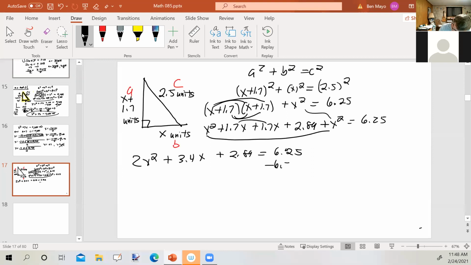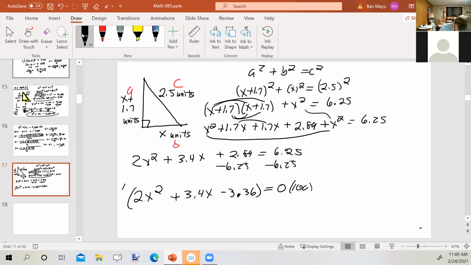I'm going to subtract 6.25 from both sides of the equation. 2x squared plus 3.4x, and then I'm going to take 2.89 minus 6.25, which is minus 3.36 equals 0.